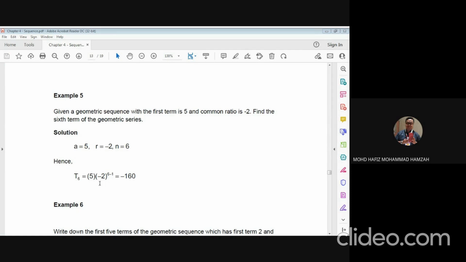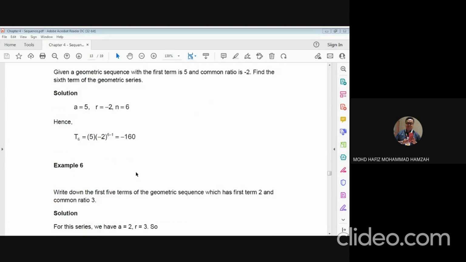So kena tekan kalkulator negatif 2, lepas tu tekan kuasa, 6 tolak 1 adalah 5. So negatif 2 kuasa 5. Dapatkan nilai dia baru darab dengan 5. Dapatlah negatif 160. Ataupun boleh terus masukkan je nilai tu dekat calculator. Ada certain calculator yang boleh tulis macam ni. So if your calculator can write in this form, then straight away you get negative 160 lah.